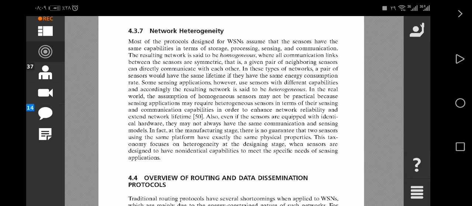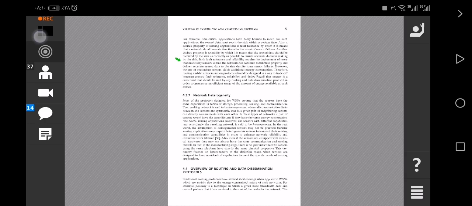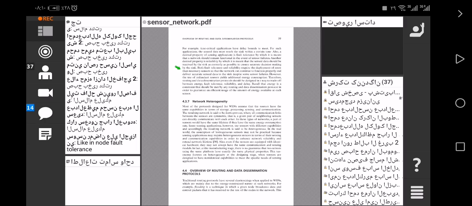This type of network is a heterogeneous network, and we consider our routing and data dissemination protocols in this type.